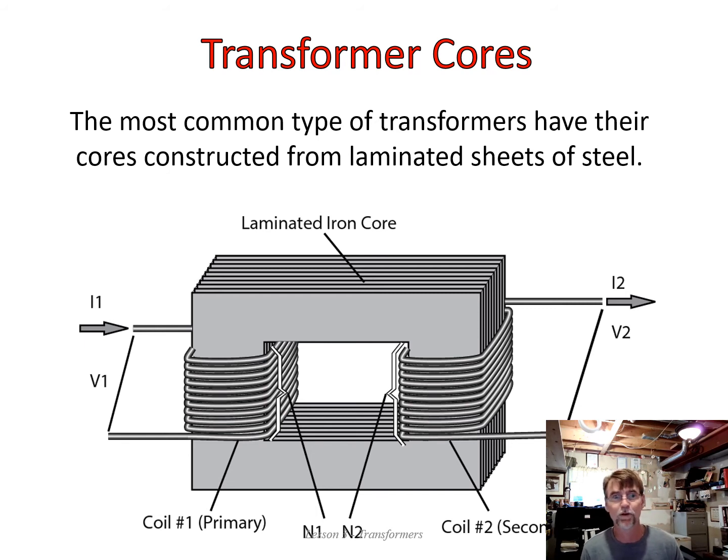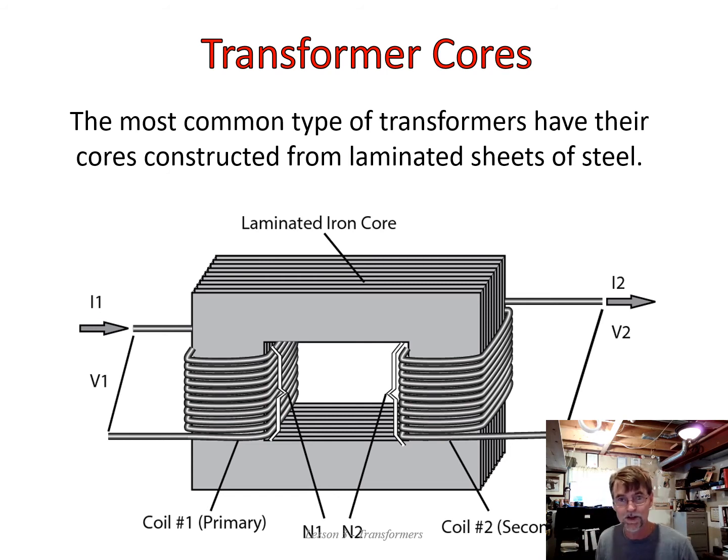Most common types of transformers have cores constructed from laminated sheets of steel. So why is it a steel core or an iron core? Well, because it's highly permeable, which means that it can focus those lines of flux. The magnetic lines of flux want to travel through that highly permeable material, which means this particular core is going to transfer those lines of flux from the primary coil over to the secondary coil without very much leakage.